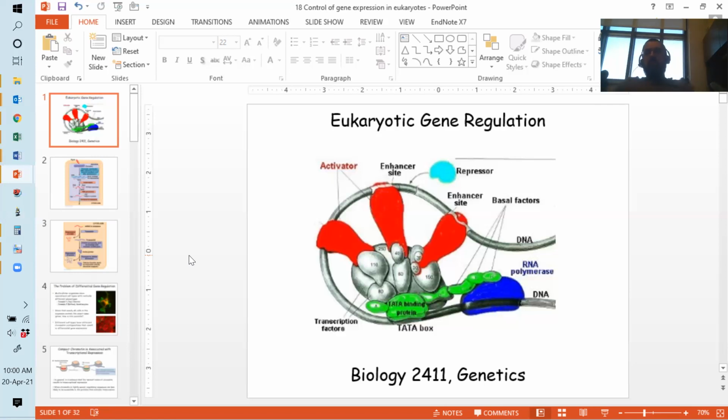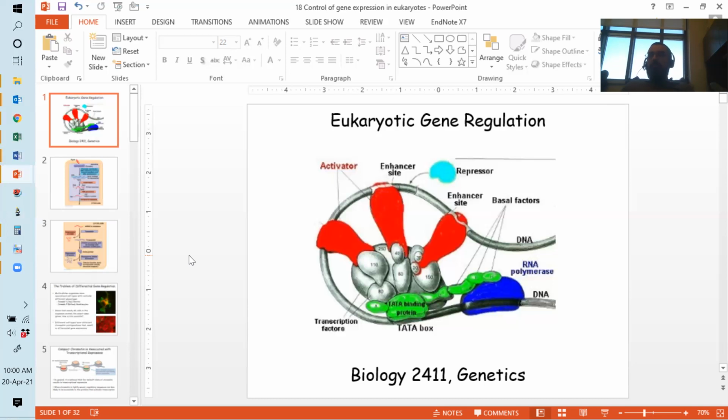Okay, after the mRNA is cleaved, what gets added to the 3' end? It's a poly something.